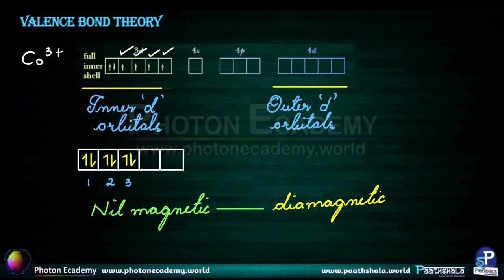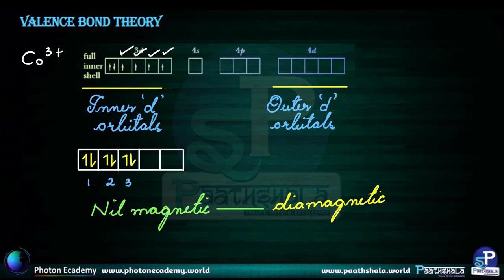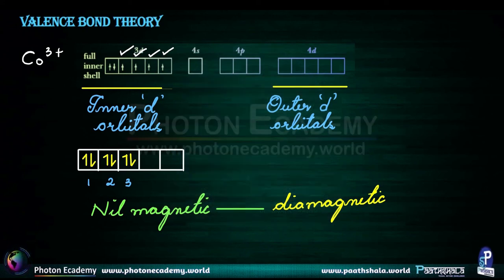Now these complexes where the n-1d orbitals are involved in hybridization are also called low spin complexes, because in the process of force pairing that is happening over here, the spin of electrons is getting reduced because of the pairing. Hence the name low spin complexes.